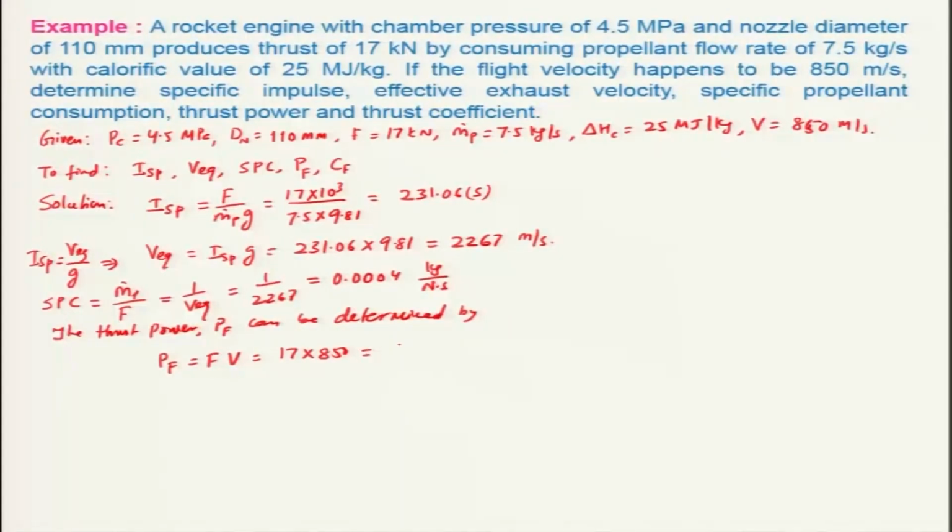So, that happens to be something around 14,450 kilowatt. Keep in mind that it is producing a very high power; the propulsive power is very high, that is 14.45 megawatt.